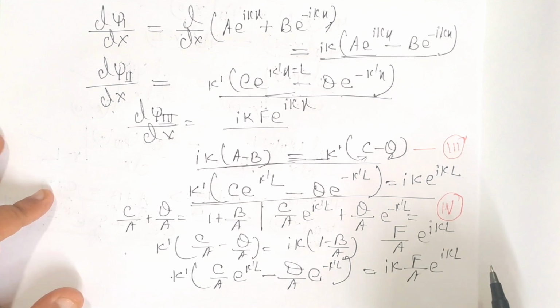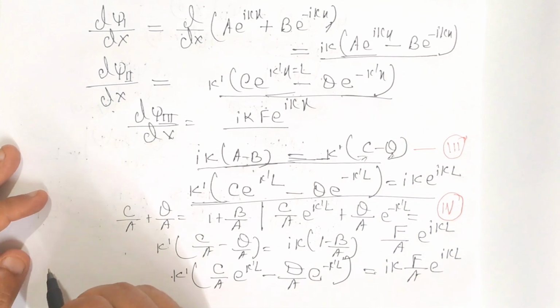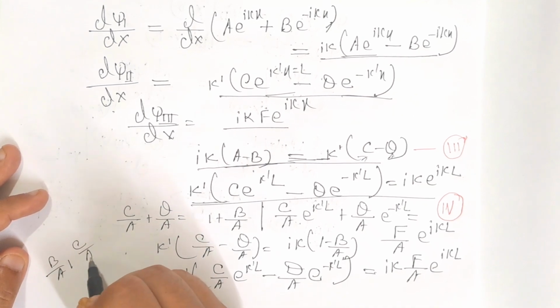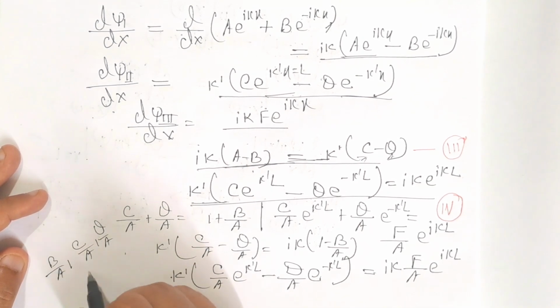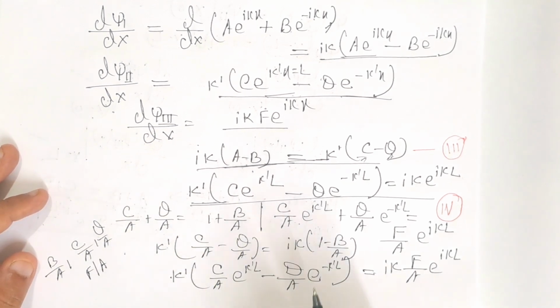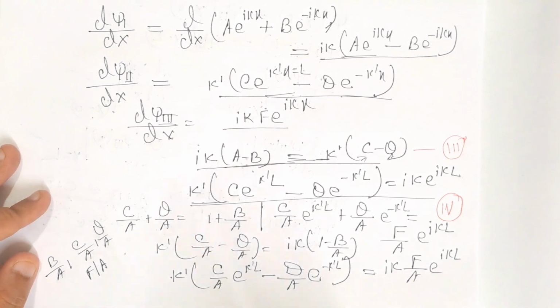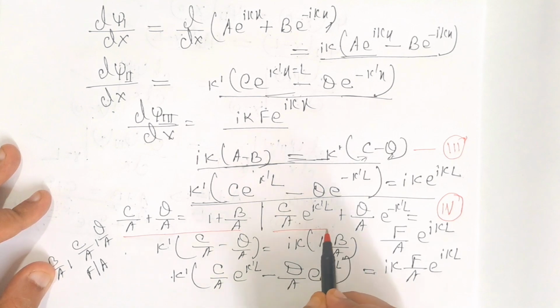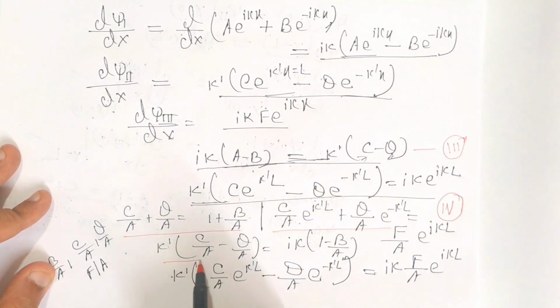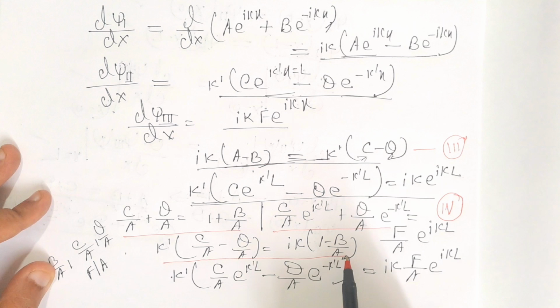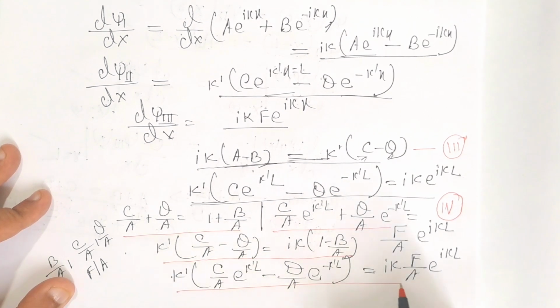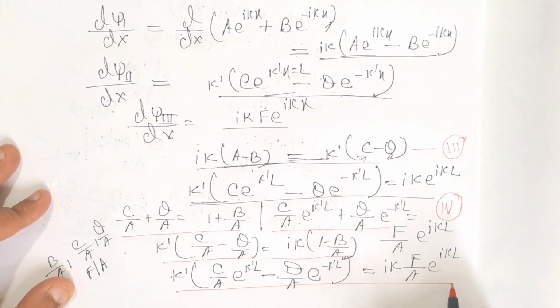So now we can get b by a, c by a, d by a and f by a by solving these 4 equations: equation 1, equation 2, equation 3 and equation 4.